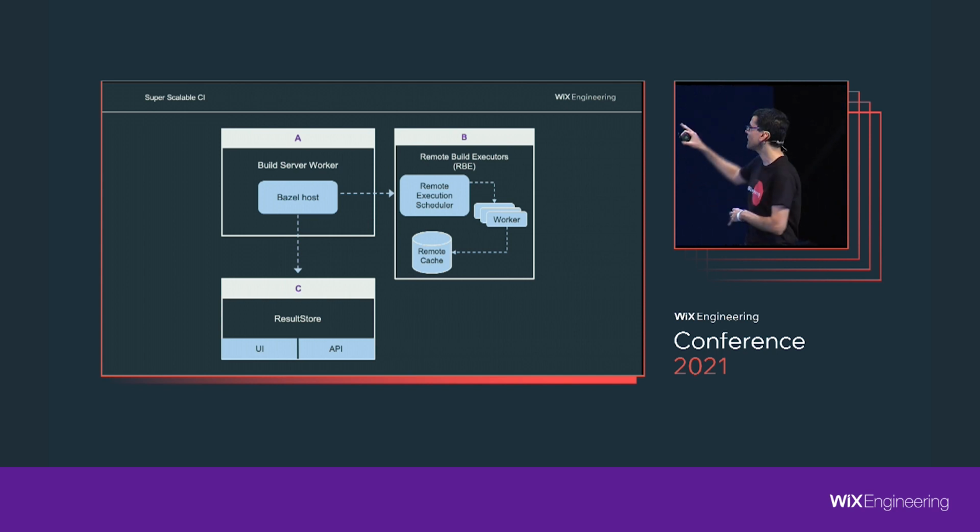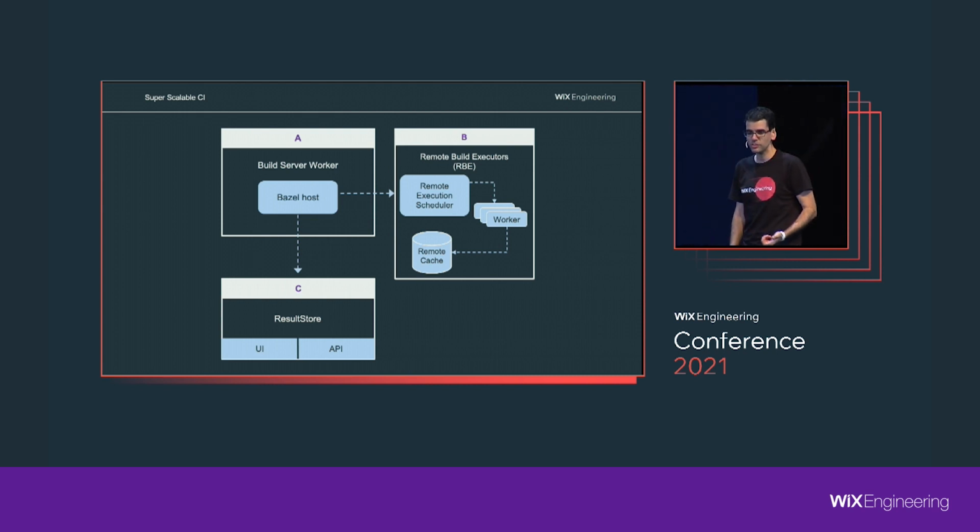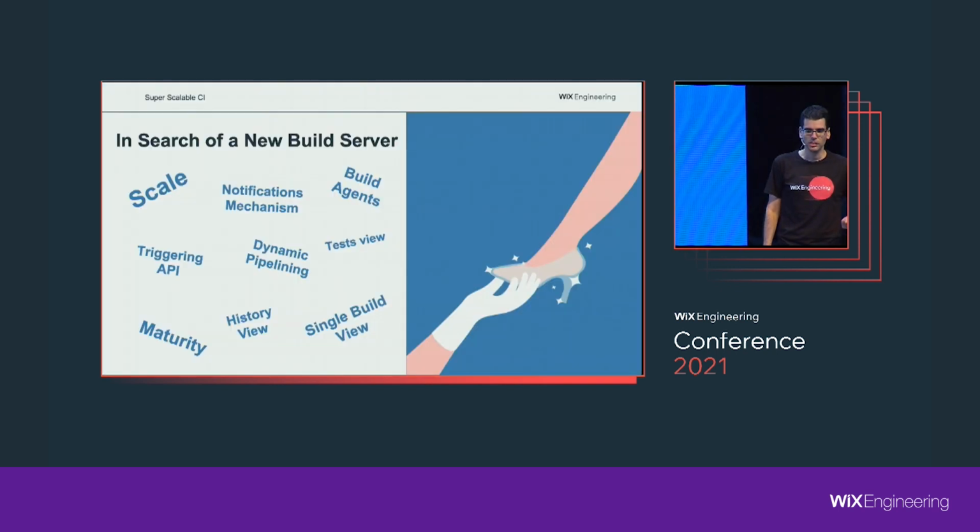Now, this is like a game of Lego, right? We can swap one piece of the puzzle while the other remain intact. So we quickly understood that we need to replace the build server. While it is a very good solution, it was just not right for us.